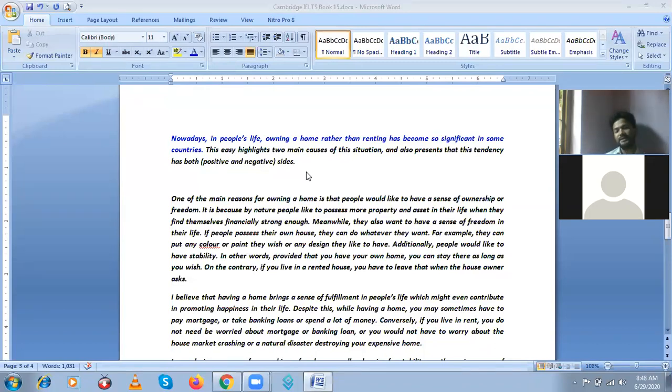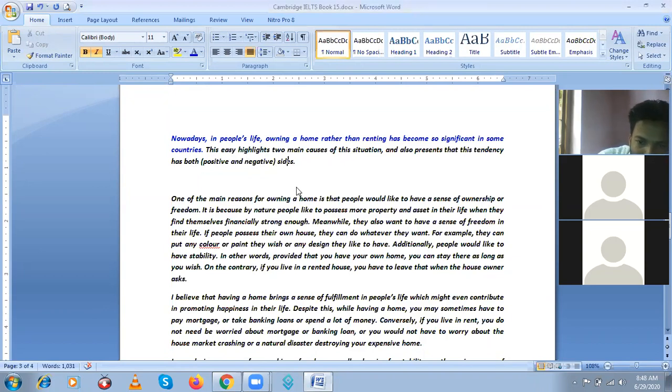So this is the outline sentence. We have fully paraphrased the question and we have fully outlined the essay.